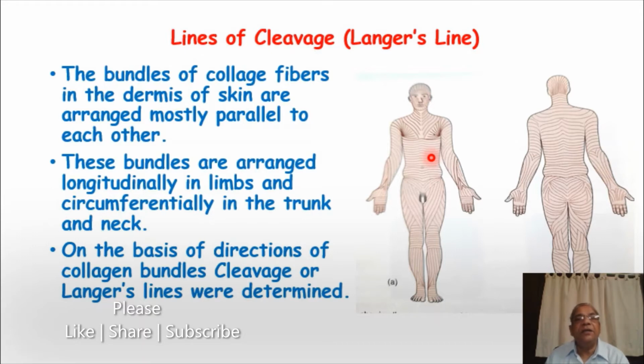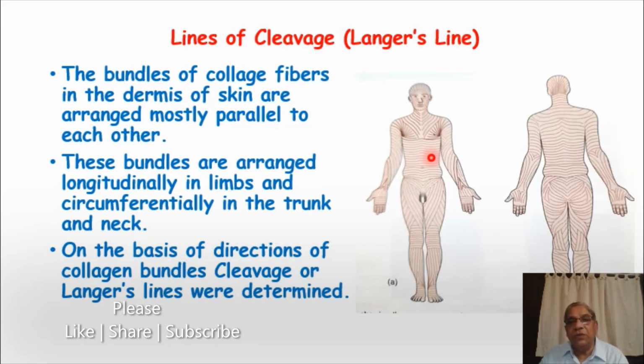And why are they running parallel to each other? Because they indicate the stress to which the skin is subjected. That means if the skin is under tension or stretch, then the collagen bundles will arrange themselves parallel to that stress line.